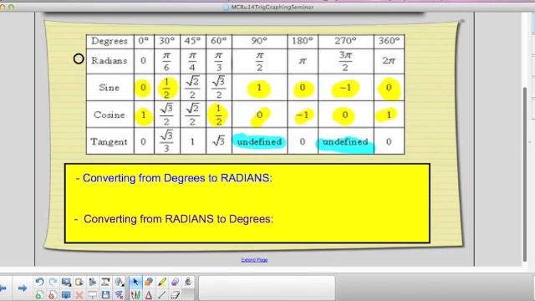If I had the question, 150 degrees, and I was asked to convert into radian mode, you would always take whatever your degree measure is and multiply it by pi over 180. This is to convert from degrees into radian mode.